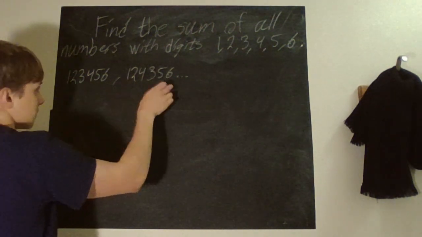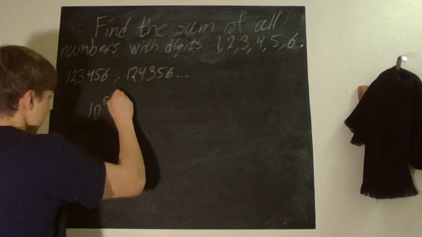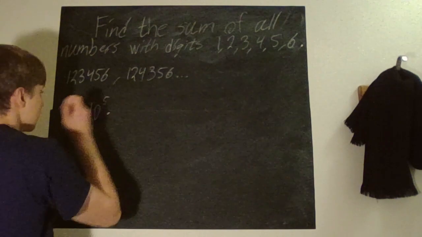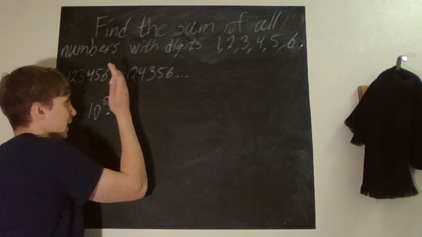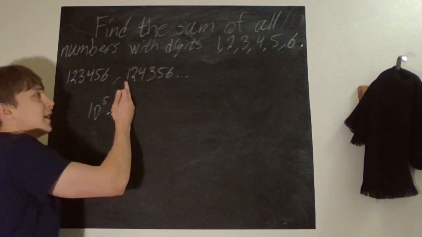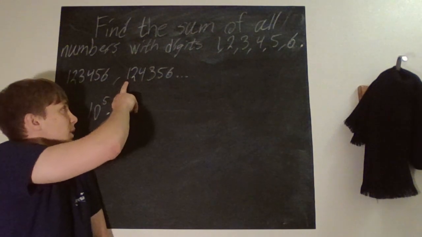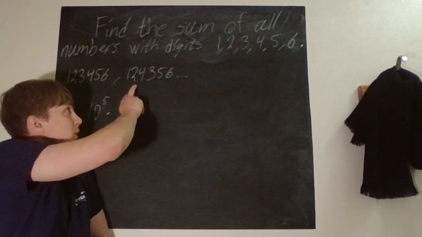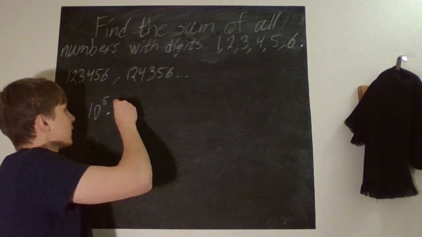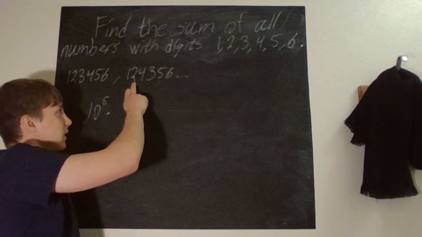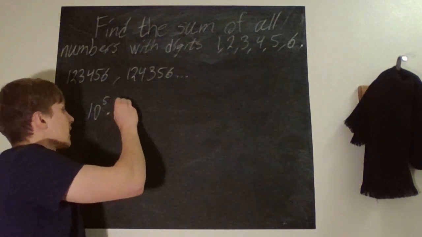The first place means 100,000, so it's 10 to the power of 5 times... and how many numbers can we create with a 1 in front? It has to be a 1, and for the rest we can choose between 2, 4, 3, 5, and 6. So we have 5 choices, then 4, 3, and 2. So it's 5 factorial.